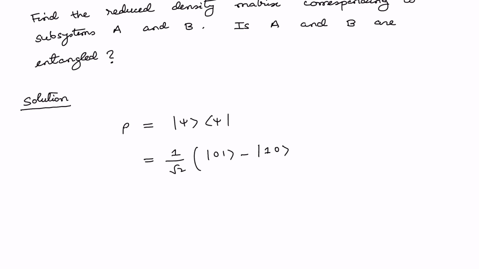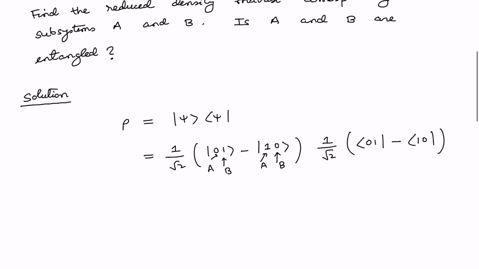Now I'm not specifying subsystems A and B. As you can understand, the first element belongs to subsystem A, the second belongs to B, first belongs to A, second belongs to B, right? So that is understood. And the bra psi is going to give you bra 01 minus bra 10.